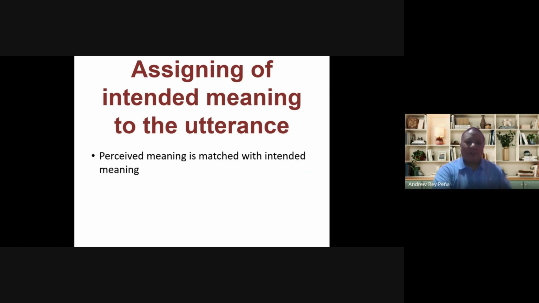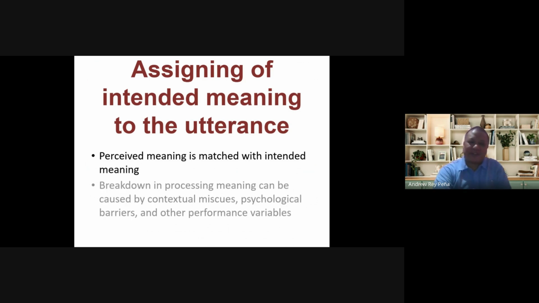Okay, so the perceived meaning is matched with the speaker's intended meaning. And when your perceived meaning is matched correctly with the intended meaning of the speaker, then there is success. Now, if there are miscues, psychological barriers, or other performance variables, then there could be a breakdown in processing meaning.